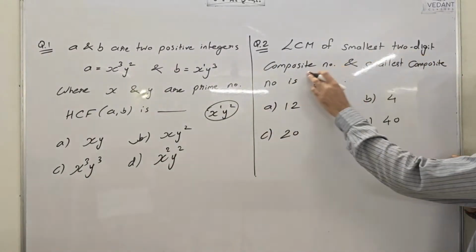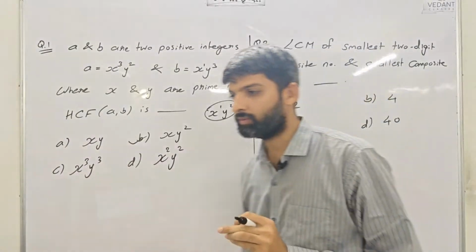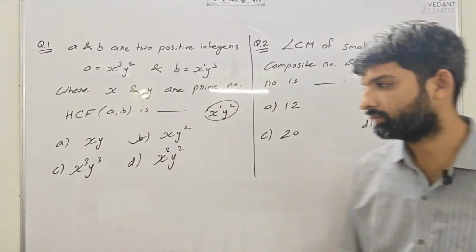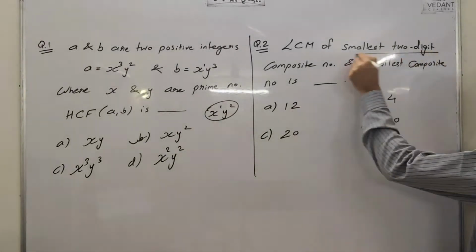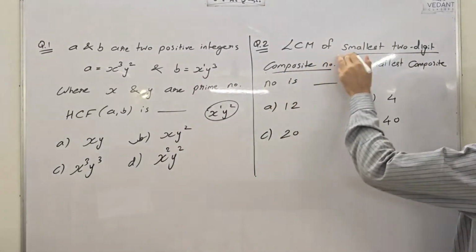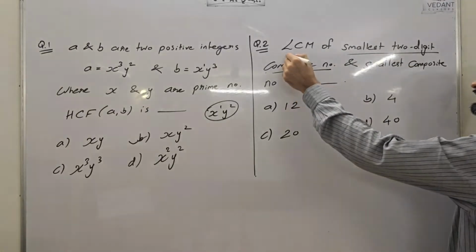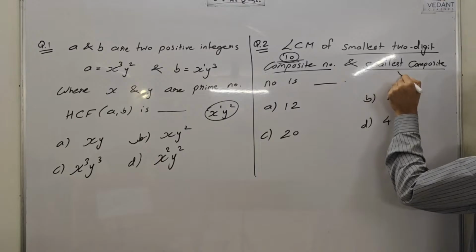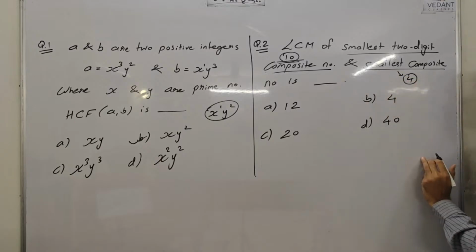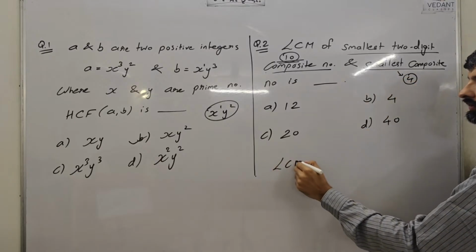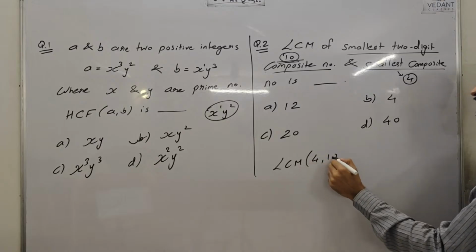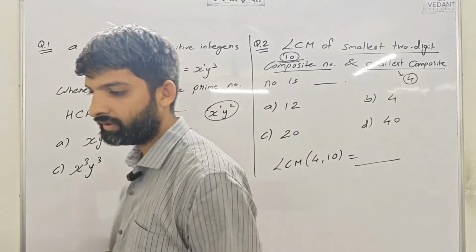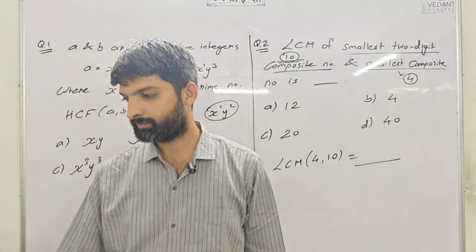Now, the smallest two-digit composite number. Which is the smallest two-digit composite number? That is 10. The smallest two-digit composite number is 10. And the smallest composite number is 4. So basically you need to find the LCM of 4 and 10.